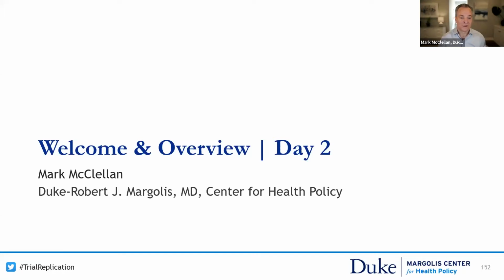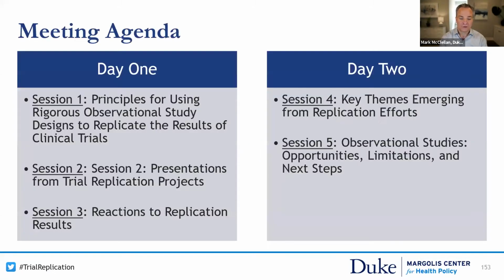So here's our agenda. We're going to have 2 sessions of panels to build on the lessons learned from the trial replication projects that we heard about yesterday. Session 4, the one coming up first today, will focus on the types of study questions that may be appropriate for consideration through observational studies, including which endpoints can be identified using real-world data and where additional methodologic improvements are still needed.